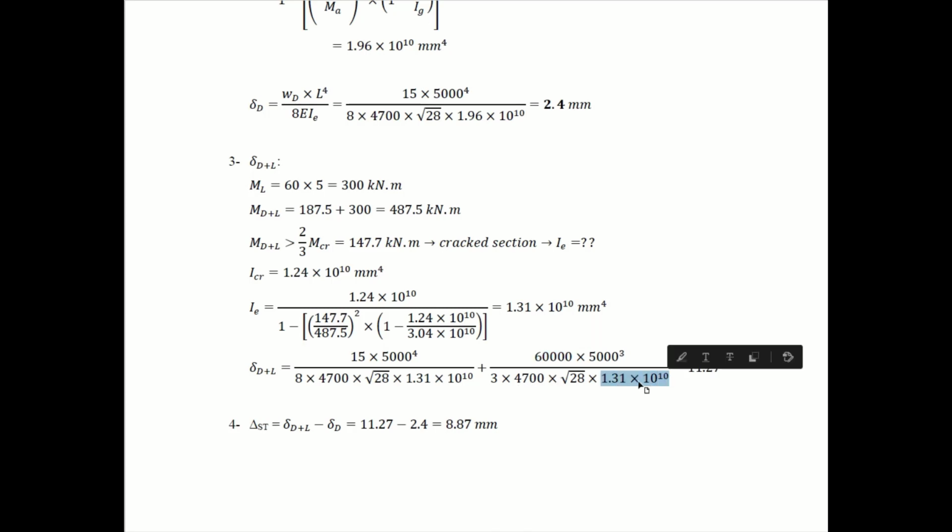This is the new I. The summation will give me the total deflection due to dead plus live. Now I already know the deflection due to dead plus live and the deflection due to dead only. We can determine the short-term deflection, which is delta dead plus live minus delta dead, and in our case it will be equal to 8.87 millimeters.